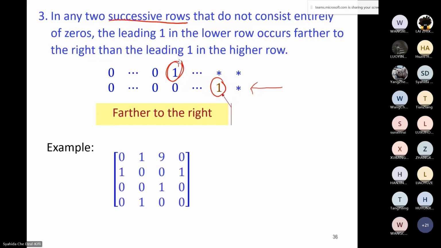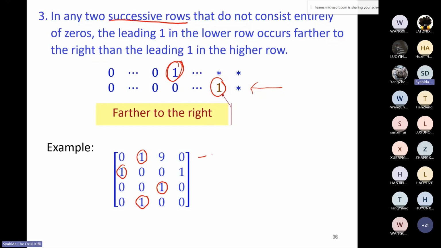Example. Firstly we need to identify rows which are not entirely zeros. There are no rows with entirely zeros. Therefore, we need to identify the leading ones. Here are the leading ones for rows 1 to 4.